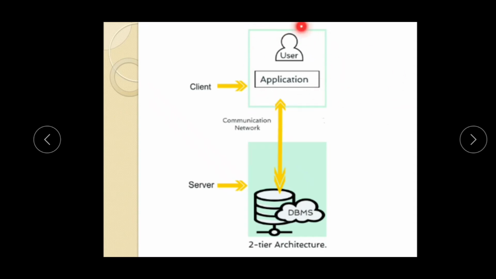Similar to this, we will have multiple clients. Each client will have a particular application program, the client application program. This client application program does the necessary processing, and the request is transferred to the DBMS server. This server is called the database server or DBMS server. Clear?